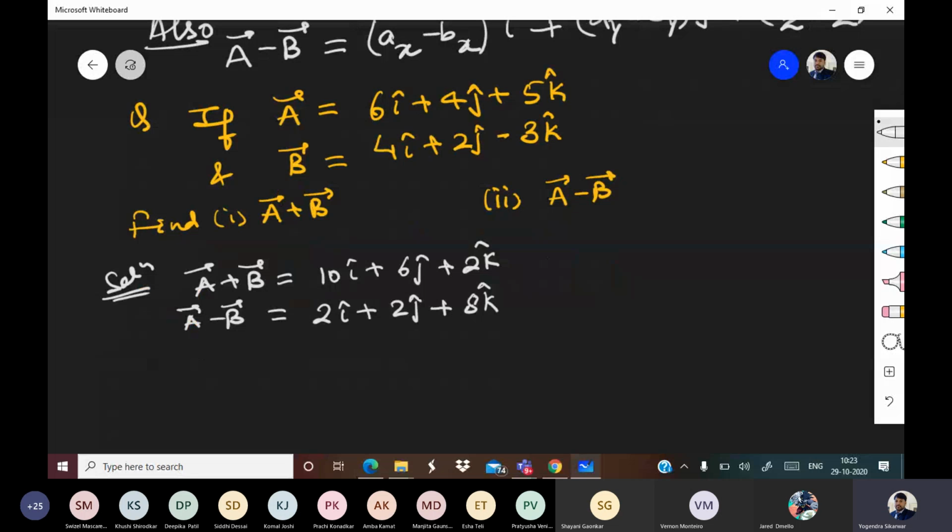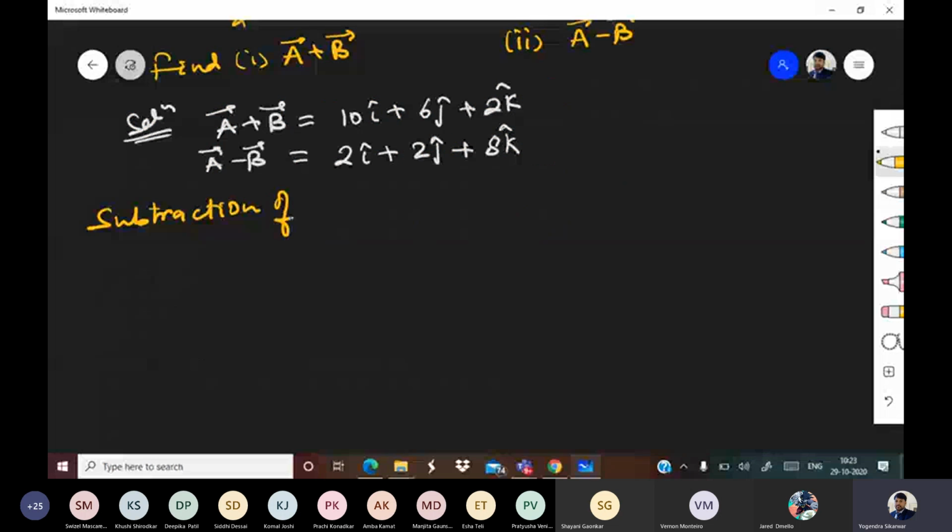Let us move further. Now first let us talk about subtraction of vectors.